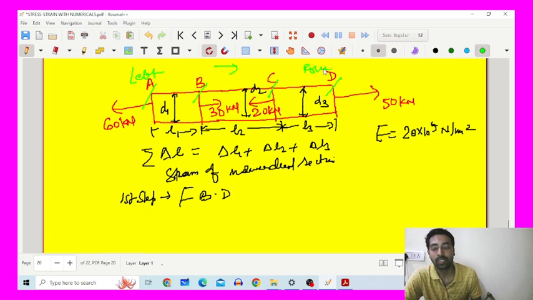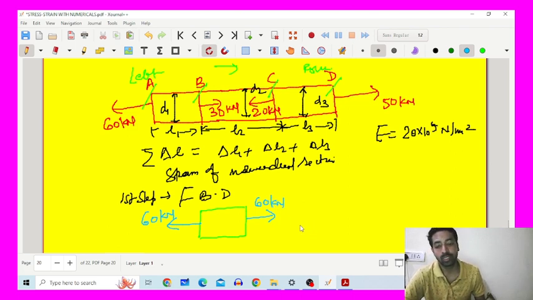This is the correct approach. So for section AB, first of all, you have to draw the free body diagram. A 60 kilonewton force is applying, so to counteract it, in balance condition there must be an opposite 60 kilonewton force acting at that surface.